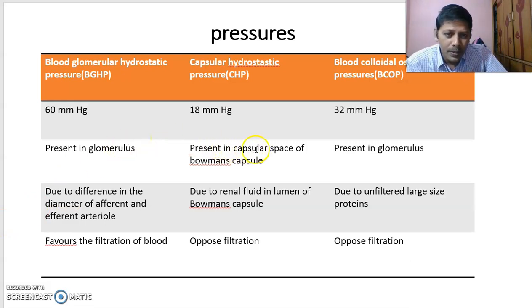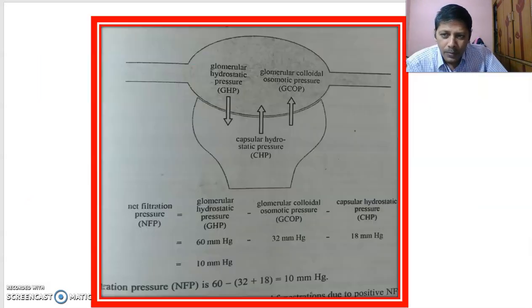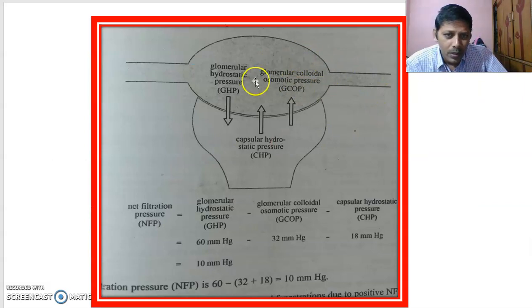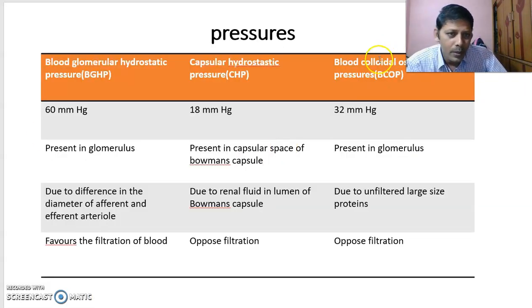Observe this one: it is present in the capsular space of the Bowman's capsule. And next, what is this pressure? This pressure is present in the glomerulus. What is that? Glomerular blood colloidal osmotic pressure.